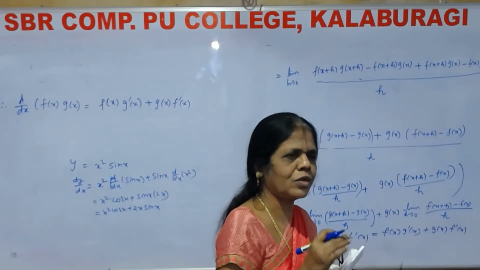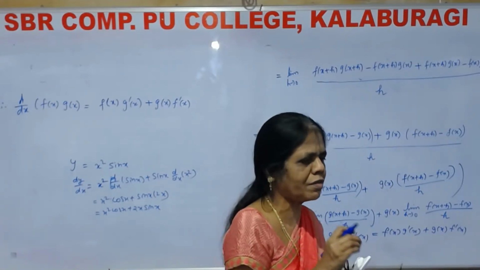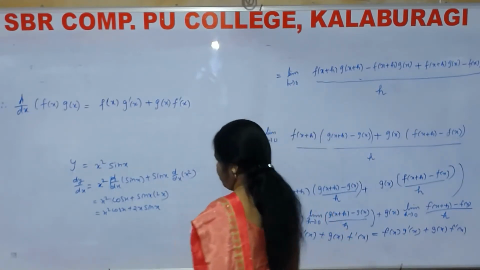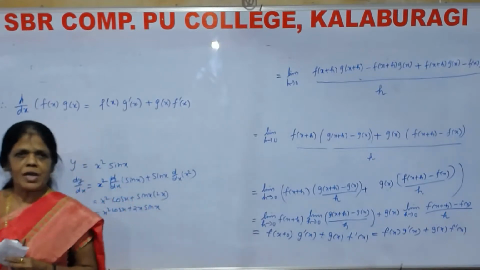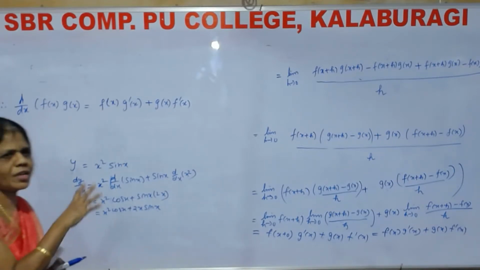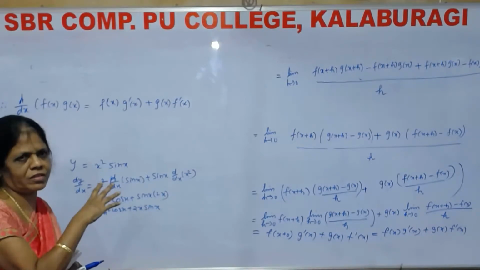That's why I took f of x, g of x. In your book, it is given in terms of u. Next one, I will be asking you, you have to do. Understood this one? This is the very standard way of proving this result.